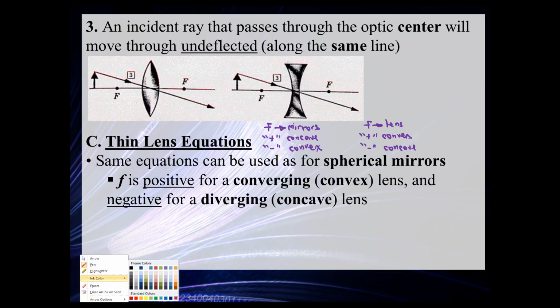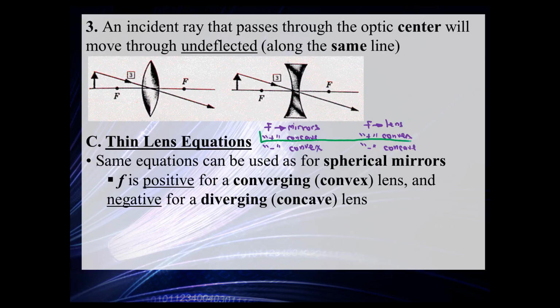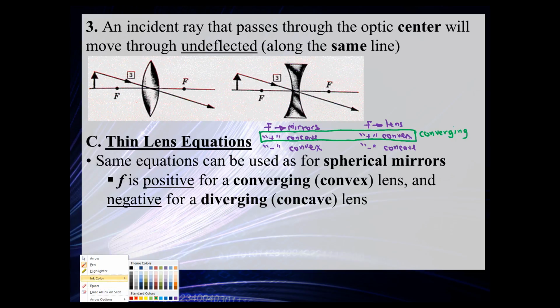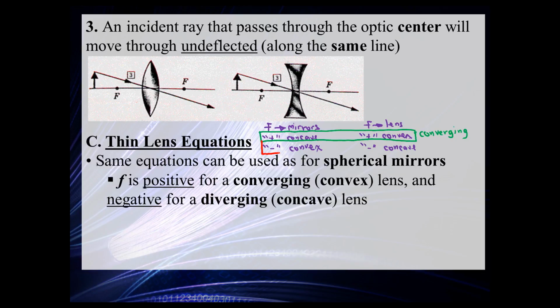The reason they do this is because your focal length will always be positive for an optical device that is converging. Your two converging optical devices would be a concave mirror or a convex lens. If you have optical devices that are diverging, a convex mirror or a concave lens, that gives you a negative focal point.